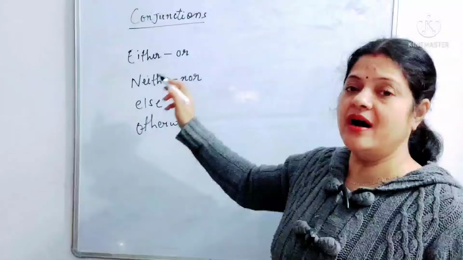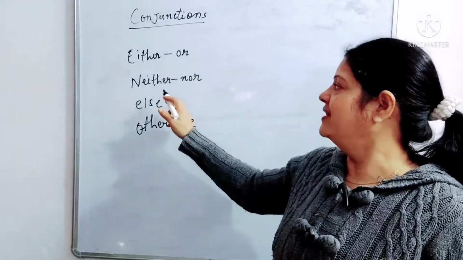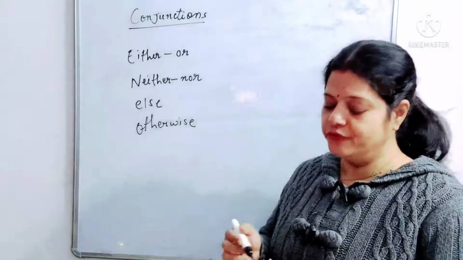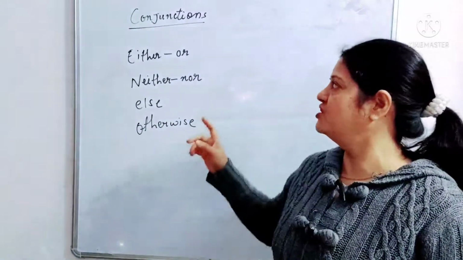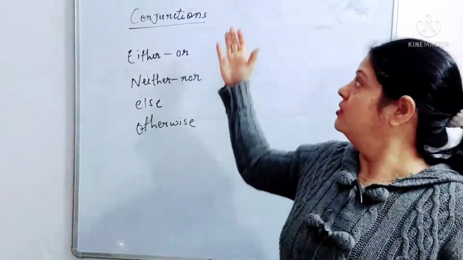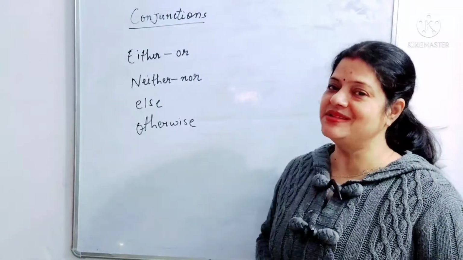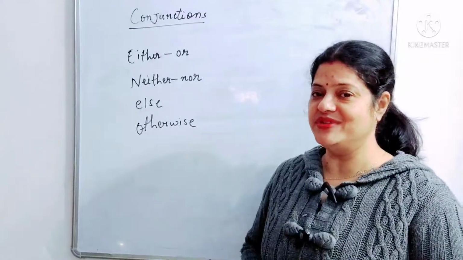They are either or, neither nor, else, otherwise. These are the 4 important conjunctions used as alternative conjunctions to combine 2 or more than 2 simple sentences to make one compound sentence. Okay.